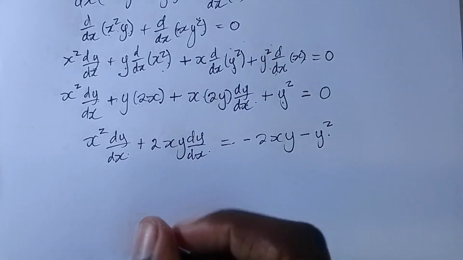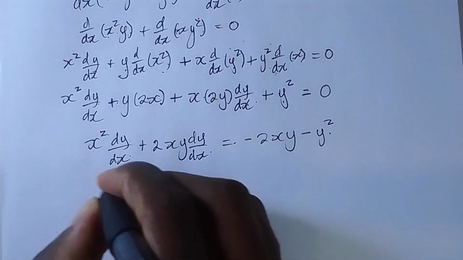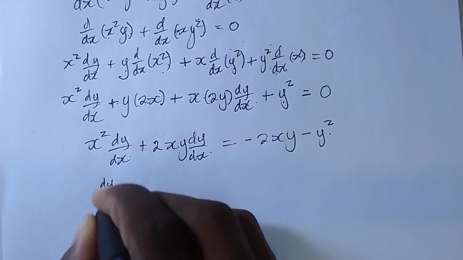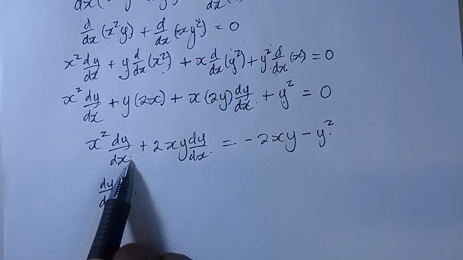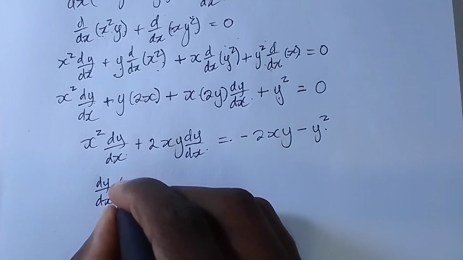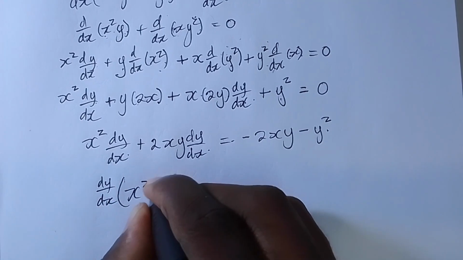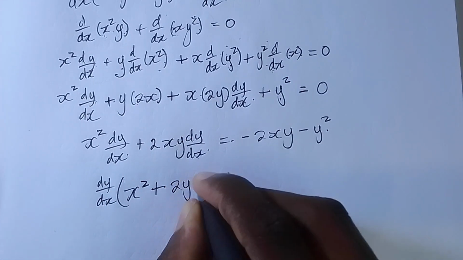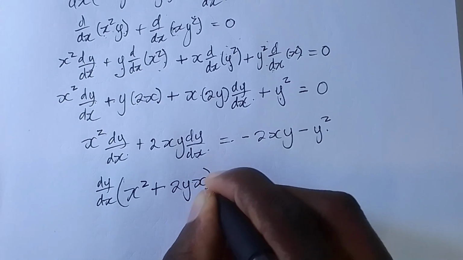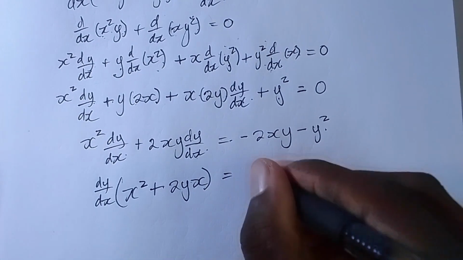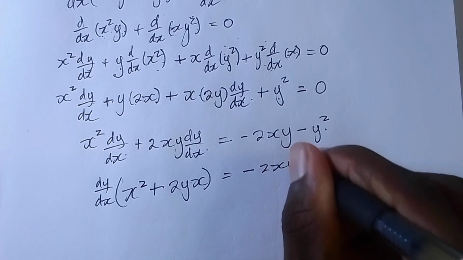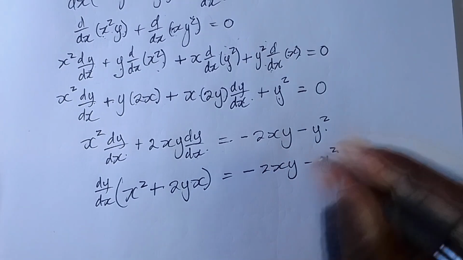Now we take out dy on dx as a common factor, because it's here and it's there. We are left with x squared plus, this side we have 2yx. Should have said 2xy, but minus 2xy minus y squared.